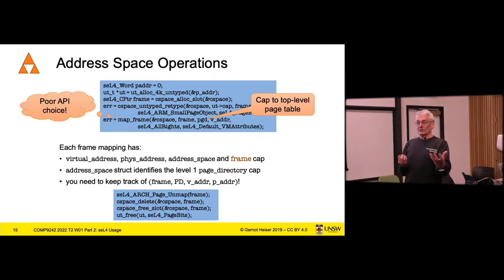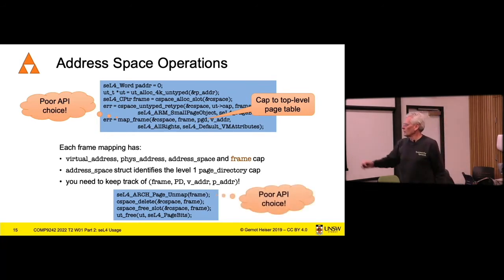So this basically undoes the retype, and you get the plain untyped back. And again, this is a poor API choice, because the unmap again operates on a frame. I think it should operate on a virtual address, but it's not going to change in a hurry.